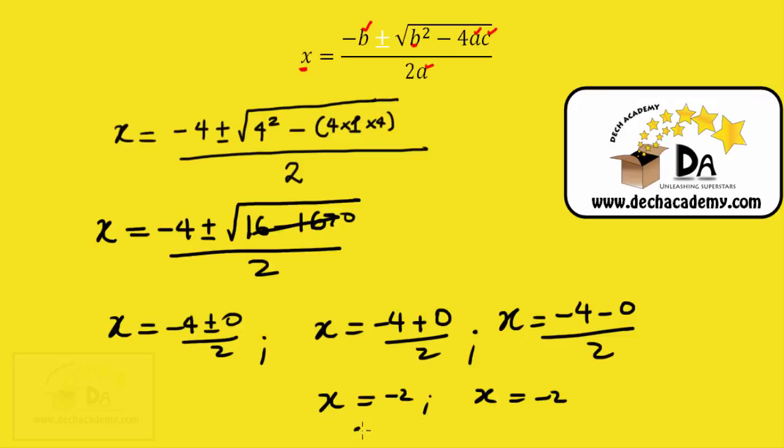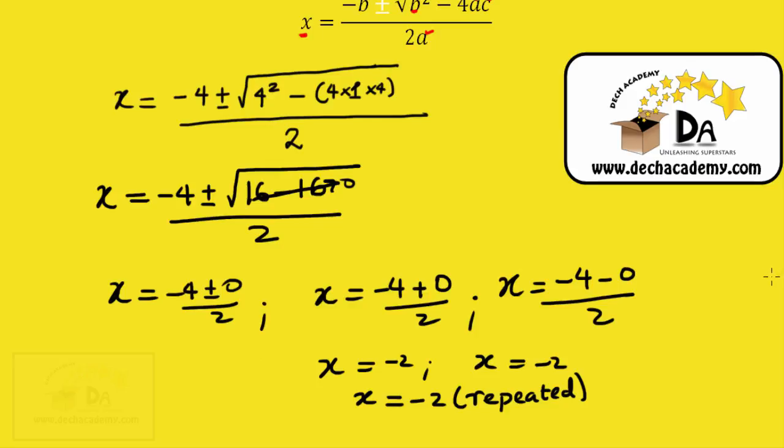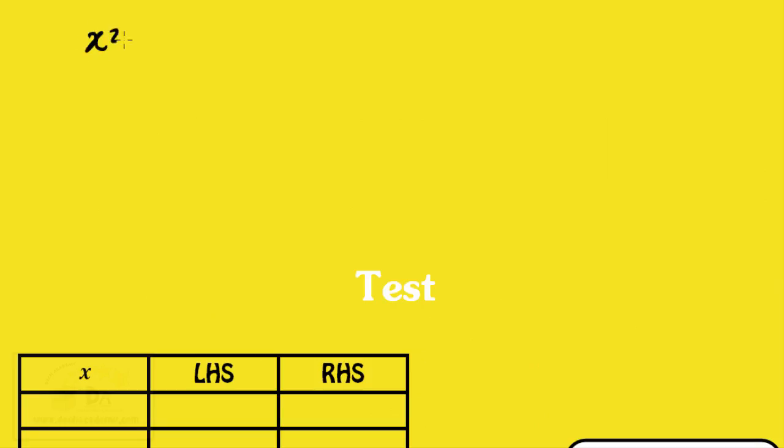So in this case we have the solution as x is equal to minus 2, so we have a repeated root, a repeated solution to the equation. So the given equation is x squared plus 4x plus 4 equals 0.